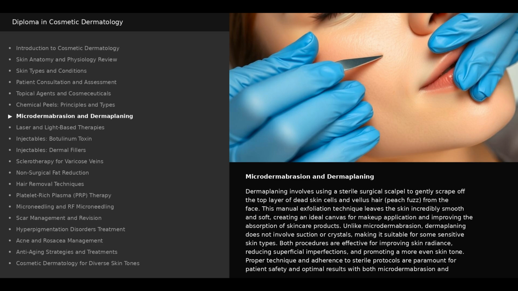Unlike microdermabrasion, dermaplaning does not involve suction or crystals, making it suitable for some sensitive skin types. Both procedures are effective for improving skin radiance, reducing superficial imperfections, and promoting a more even skin tone. Proper technique and adherence to sterile protocols are paramount for patient safety and optimal results with both microdermabrasion and dermaplaning.